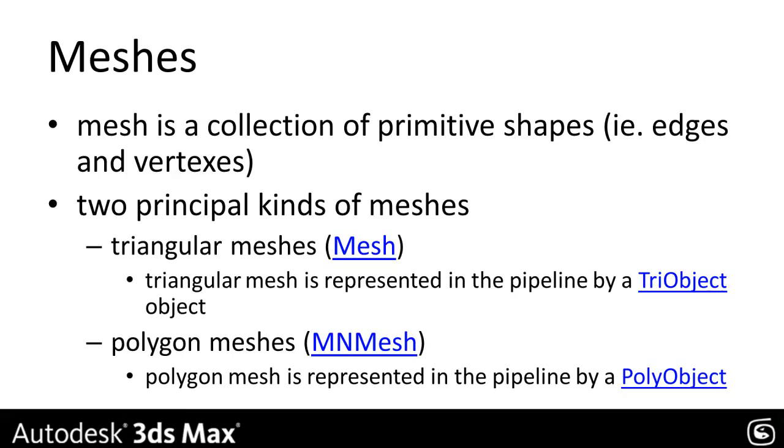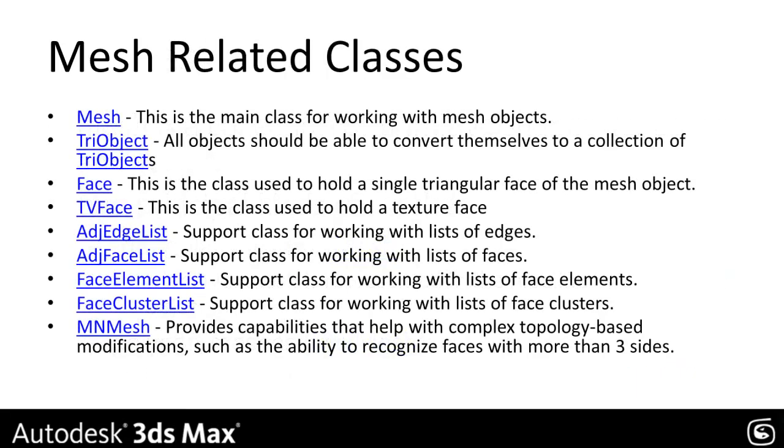Okay? So the mesh related classes are listed here: mesh, tri-object, face, TV face, adjacent edge list, adjacent face list, face element list, face cluster list. And then in addition to all of these things that make up tri-object style meshes, there's also the MN mesh, which has its own set of classes to support it as well.